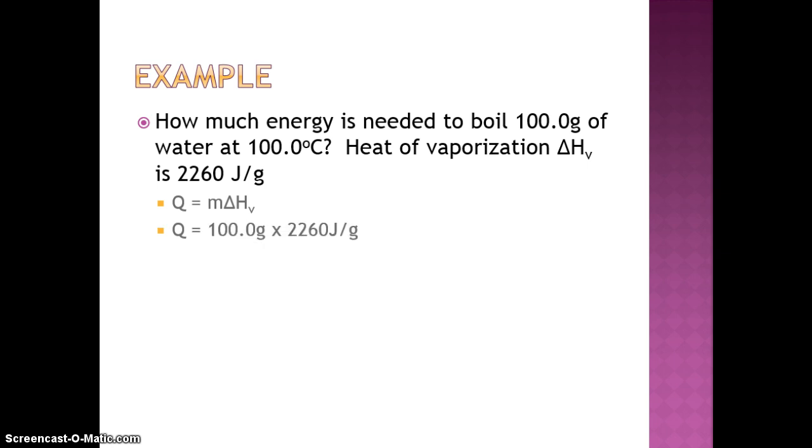So I plug in my values. I have 100 grams times 2,260 joules per gram. The grams cancel, and I'm left with 226,000 joules. Well, that's a pretty big number. So I may want to convert that to kilojoules, and if you do that, then that's 226 kilojoules.